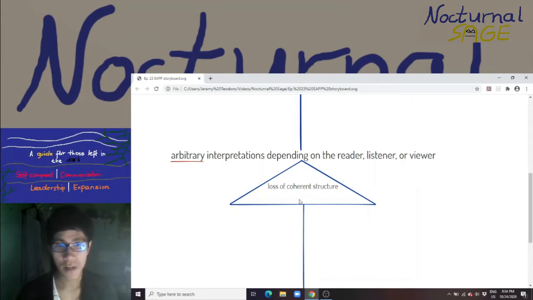And this difference is made possible by the loss of coherent structure. Works without a clear structure in terms of plot, for instance. And this usually happens in flash fiction. Flash fiction, it's shorter than a short story. The short stories like A Rose for Emily, The Cask of Amontillado, those types of short stories that you read when you were in junior high.